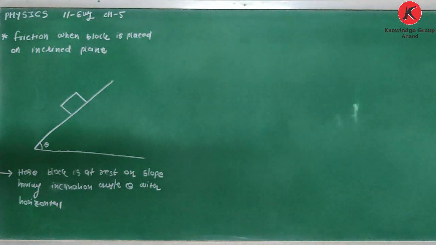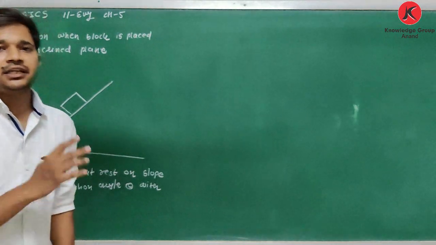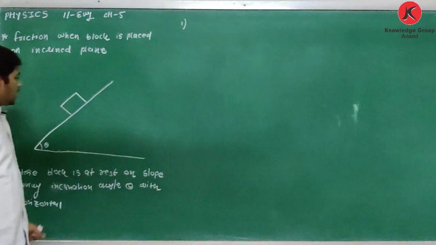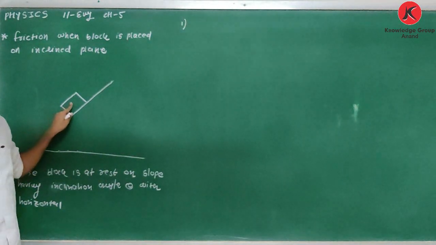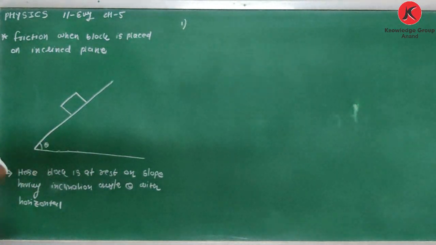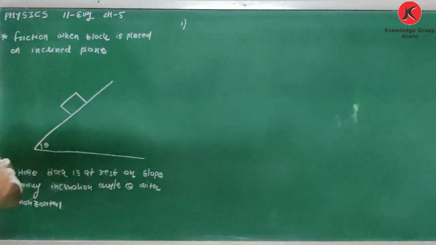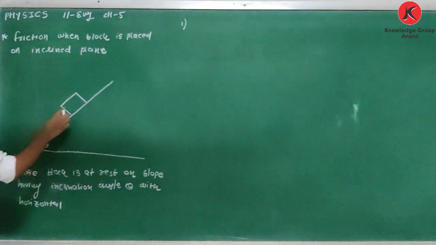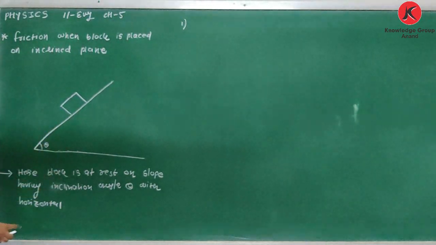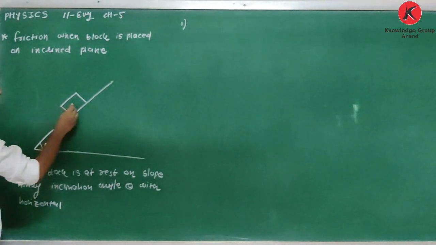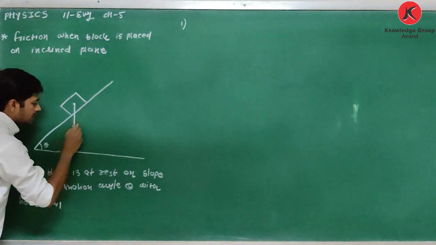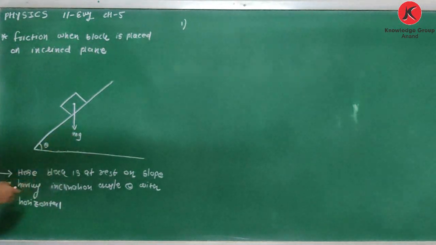Now, first of all, you have to identify the number of forces acting. Chalo, first, as the block has some mass, its weight always acts in the vertically downward direction. If the mass of this block is m, then from this point mg, that is the weight, always acts vertically downward.